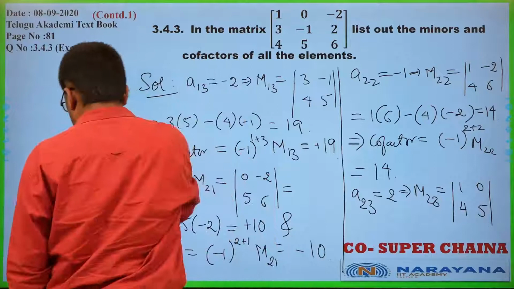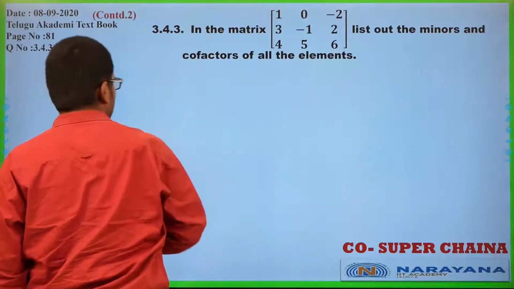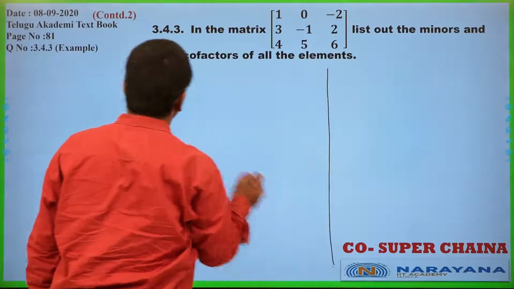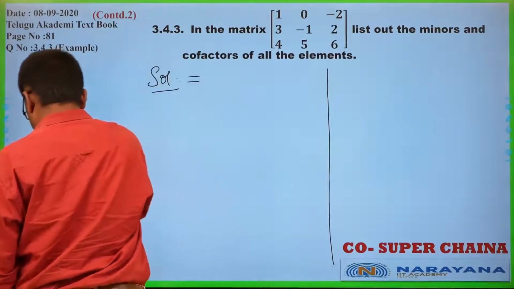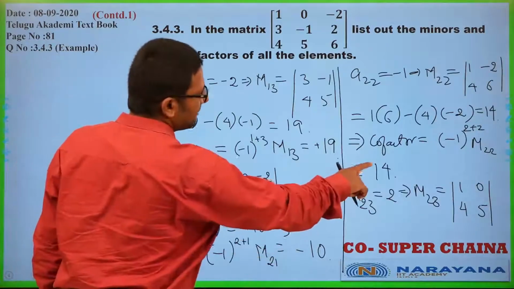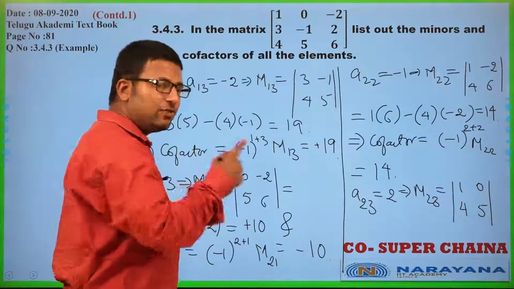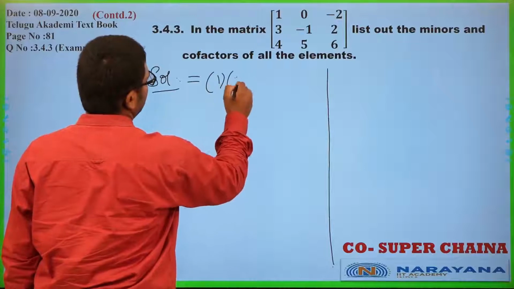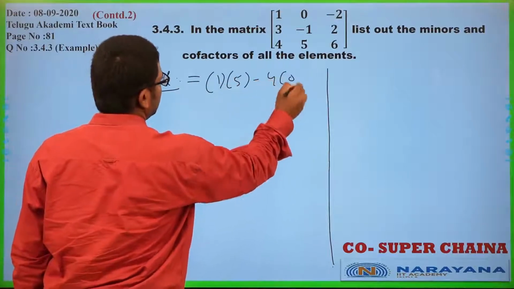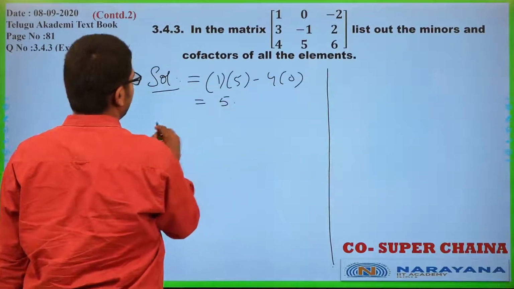Right? So that is equal to 1 into 5 minus 4 into 0, which is 5 itself, right?